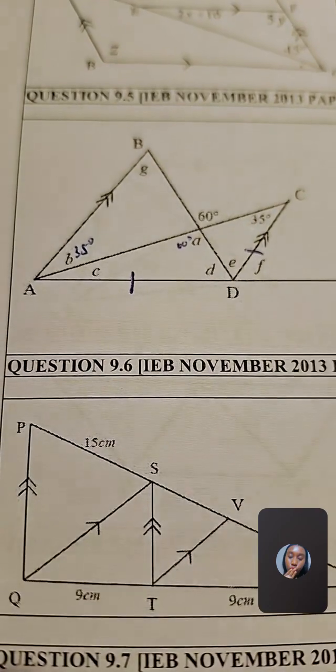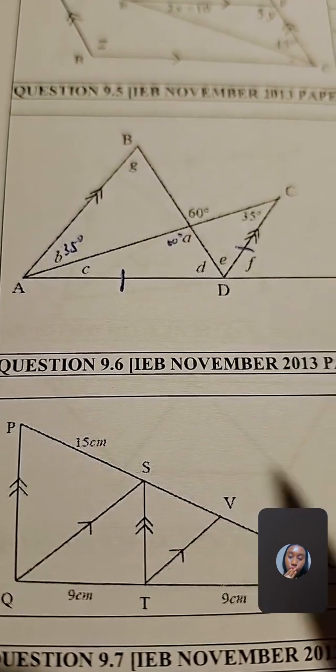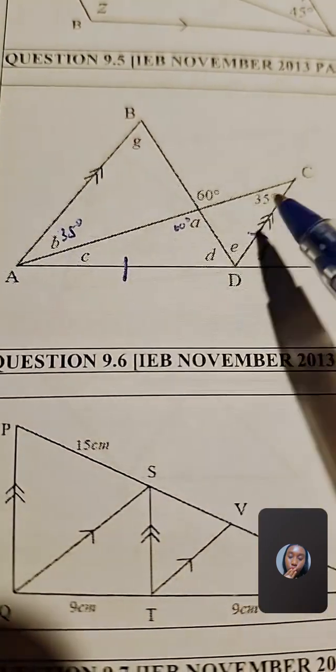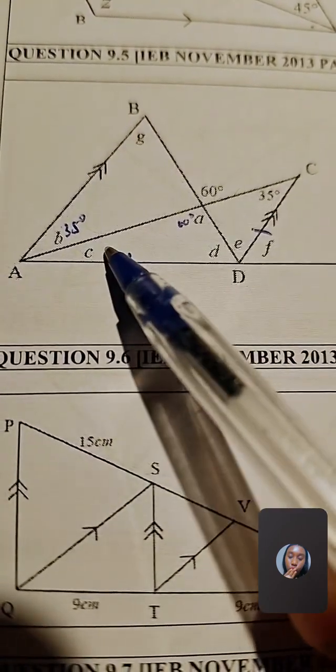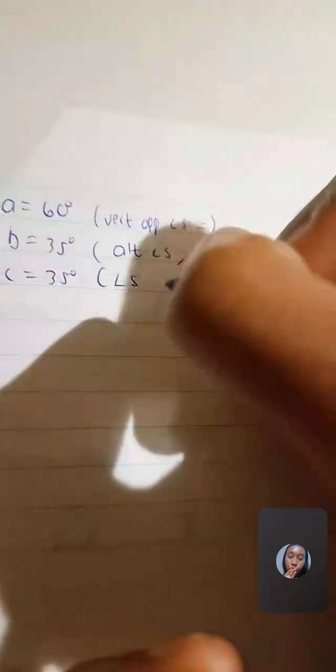So the value of C, you guys have said it beautifully. You said C is 35 because this 35 degrees is equal to C. Why do we say so? Why do we say C is equal to 35 degrees? We must be appropriate in the reasons that we write. The acceptable reason document says angles opposite equal sides.